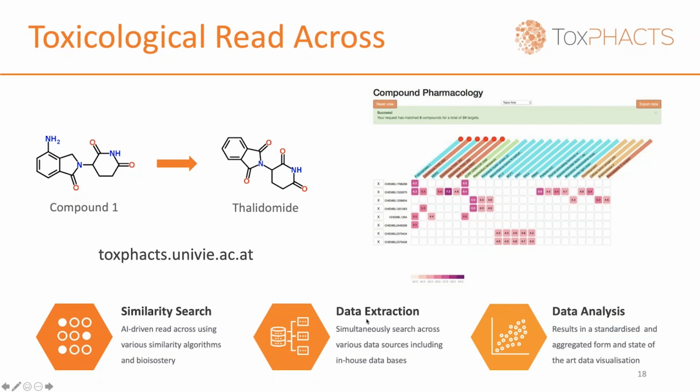We are currently searching ChEMBL, and we are building up our internal database of compounds and their tox associations, and then we present the data in a sort of heat map. You draw one compound and get a list of similar compounds found in ChEMBL with their interaction values, their IC50 or Ki values, their pChEMBL values at the targets they have been measured on. So that's real data, not predictions.